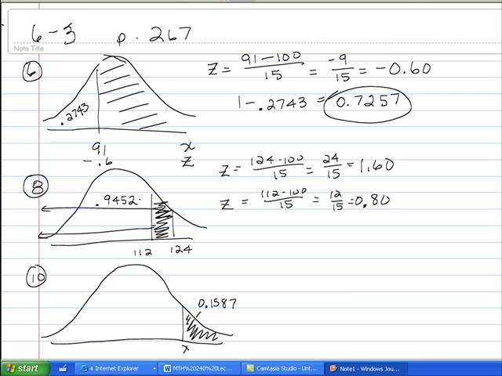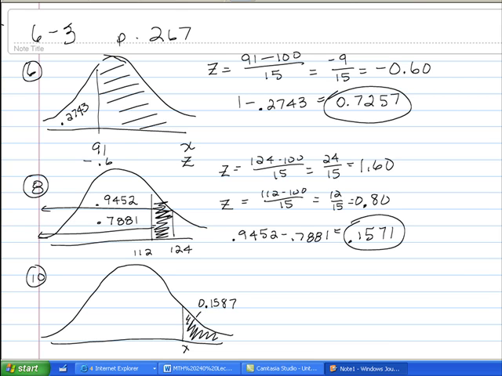So we want to subtract the two. 0.9452 minus 0.7881, we get 0.1571. So that would be our area or our probability if we were talking about probabilities.